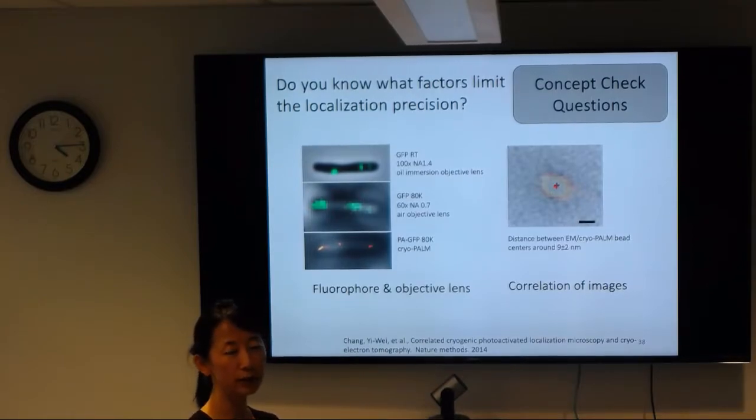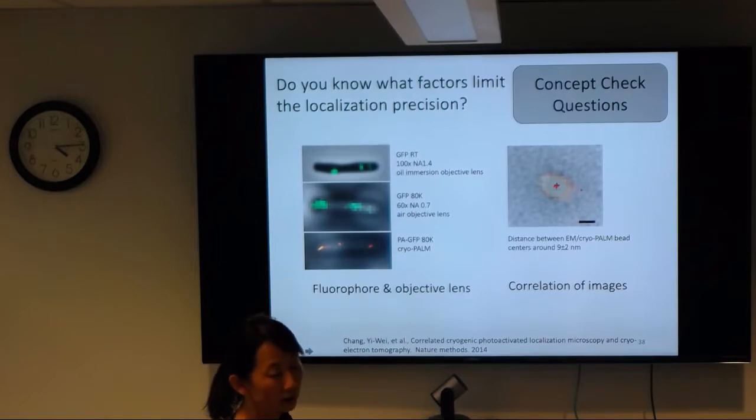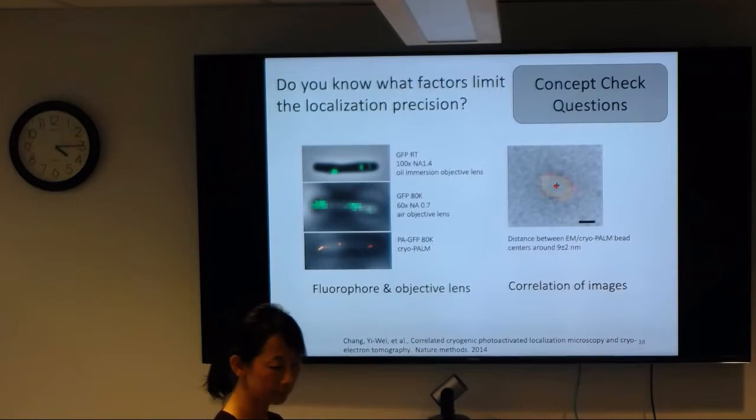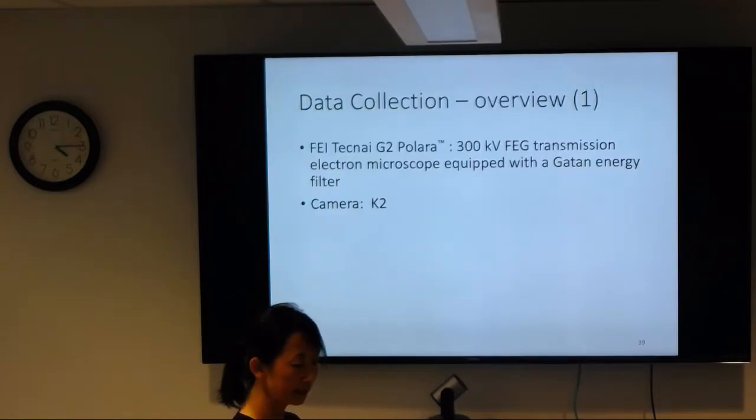That's two completely different imaging modalities, right? So the image, for example, over here, taken from the two microscopes, the shape, size, and center are going to be slightly different. All of those are going to affect how precise your correlation will be.